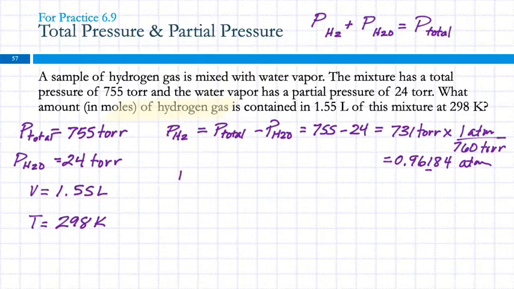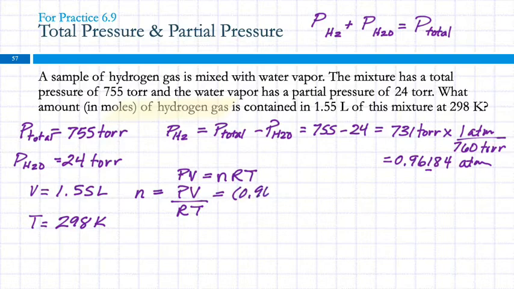Ideal gas law, PV equals nRT. Here we're trying to find the moles of gas. So we rearrange that. Moles is pressure times volume divided by R times T. Now I've got all my units, my numbers, and I can plug them in here.